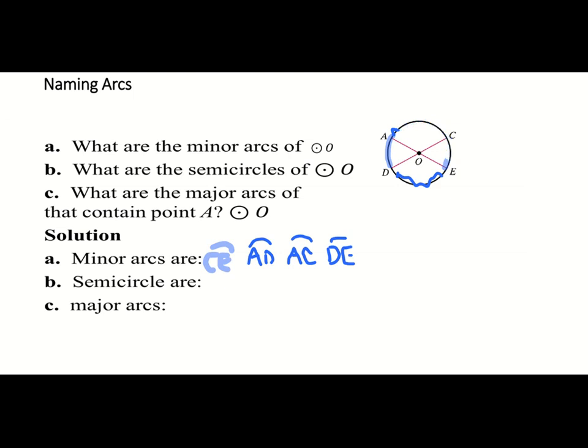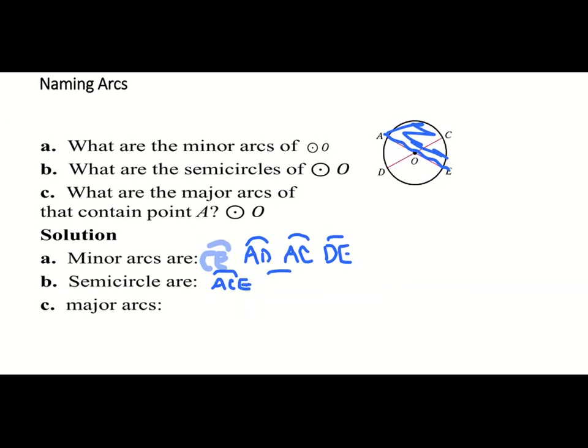Semicircles, remember, are half of the circle. So look for your diameters. So we have a diameter AE here. So a semicircle arc, and you're going to name that with 3 letters as well. We could do ACE. So this would be 1. Or we could do arc ADE as another arc, so this one right here.